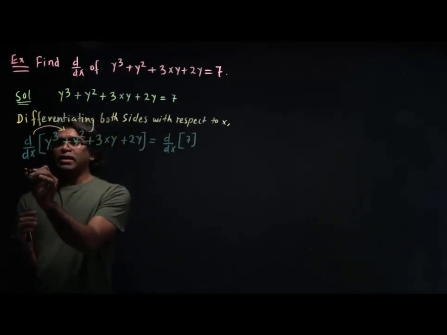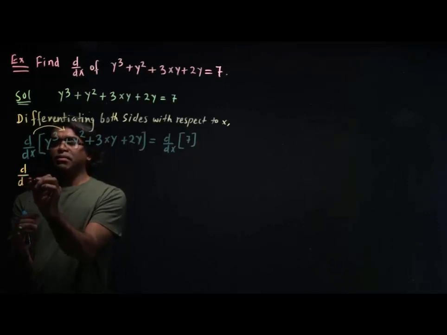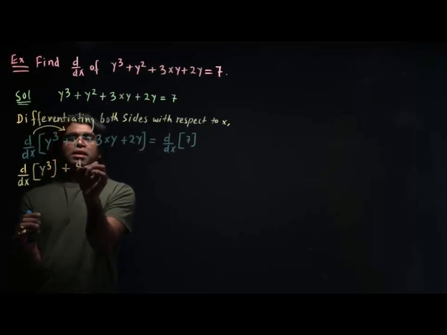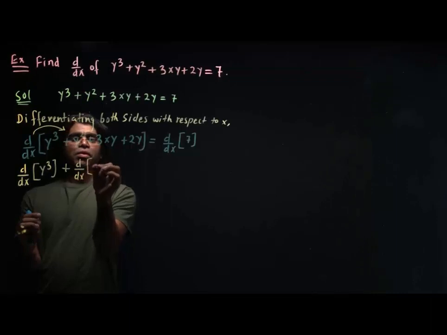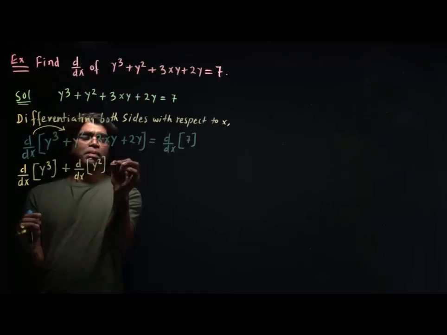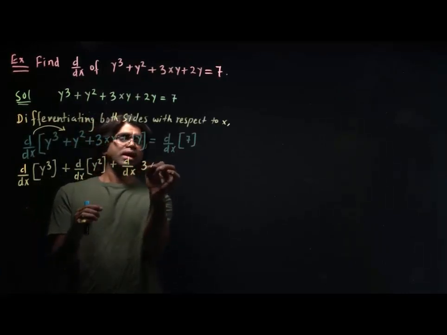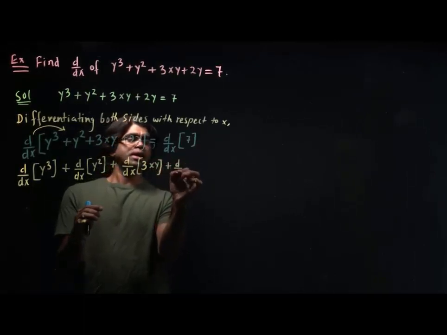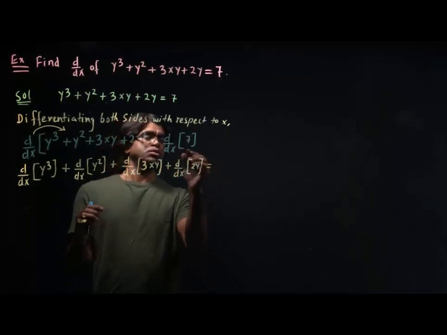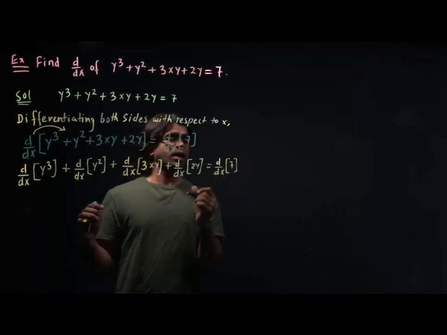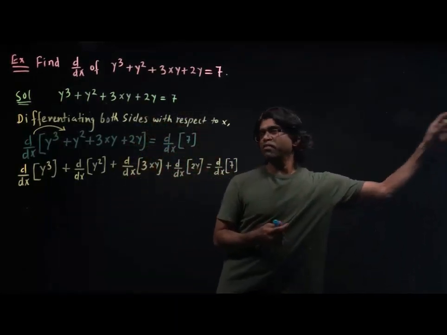So if I do that, I will write this as d by dx of y cubed plus d by dx of y squared plus d by dx of, my function is 3xy, plus d by dx of 2y, that is equal to d by dx of 7, right? Now let's simplify further.